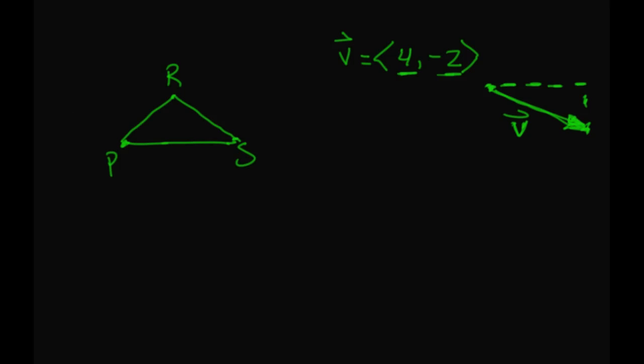So if I start that vector at P, I've got that vector V going that way. There it is. I have the same vector coming off S. There it is. And that same vector now coming off R. So here is where P is going to go according to this. There's P prime.